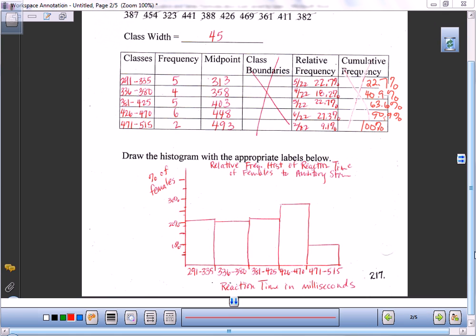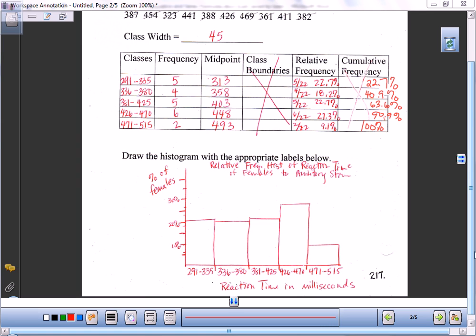See if you have any questions. Okay, did you label your axis and title your histogram?